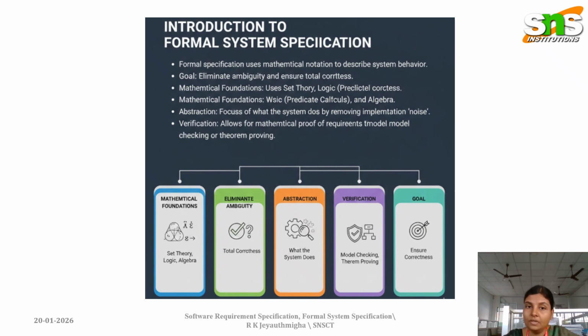Mathematical foundation uses set theory and then predicate calculus and algebra. We can focus on what the system does by removing implementation. That is what we call abstraction, and it allows for mathematical proof of requirements by checking and proving theorems.